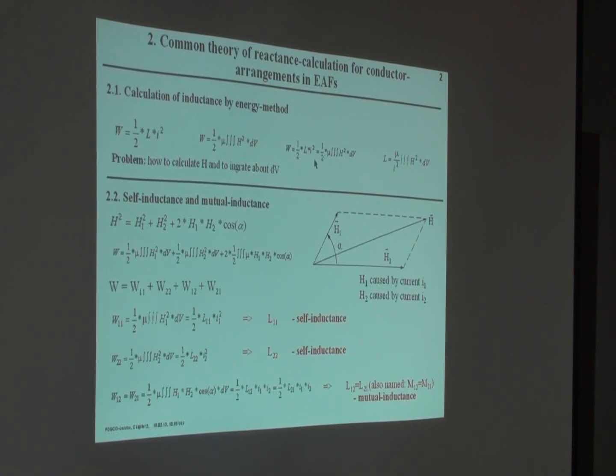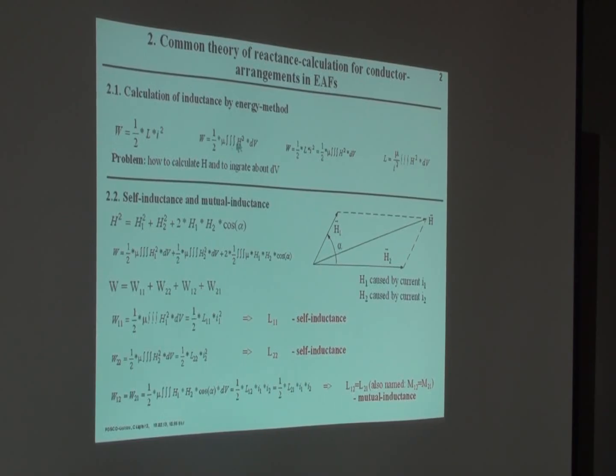So, how to calculate inductance or reactance? We have the formula that in a magnetic field the energy is 0.5 times inductance times the square of the current. That means if you know the current and the energy of the field, you can calculate the inductance. But how to calculate the energy in the field?